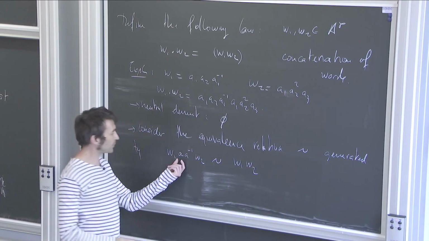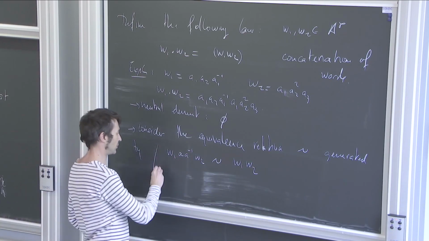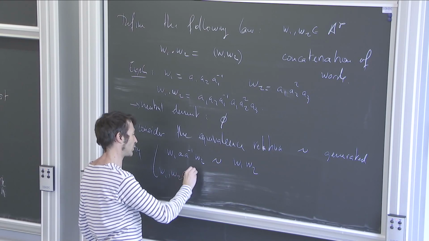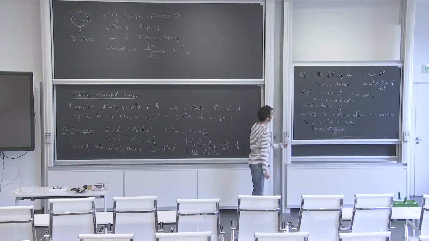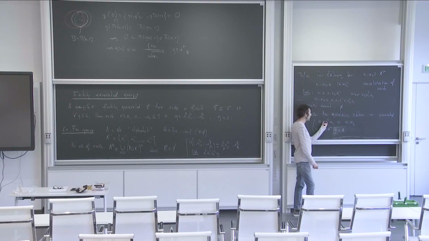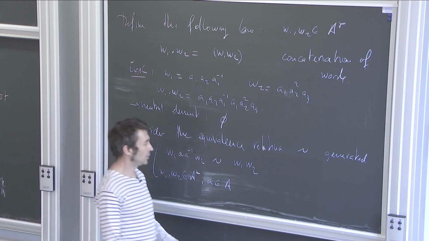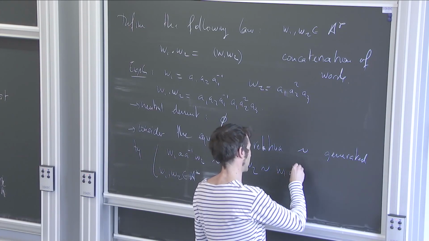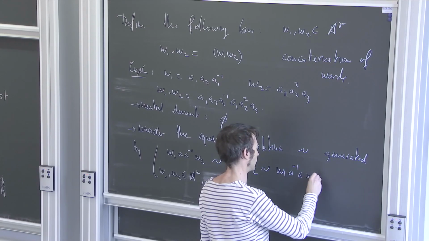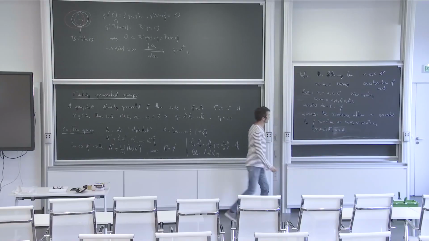So this means that W1, W2 are two words, A is a letter in my alphabet. Each time we see one letter and its inverse, and this is the same if I invert the two, W1 A A^-1 W2.